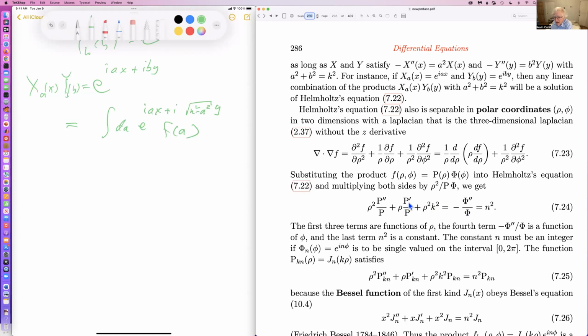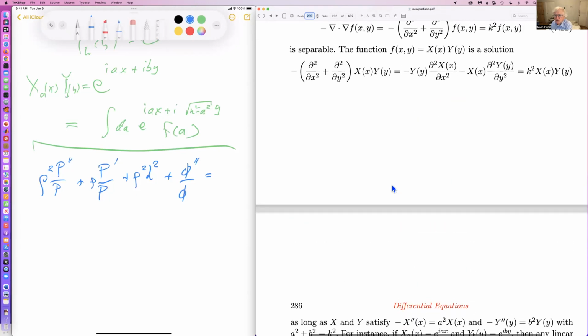What we really get is rho squared, rho double prime over rho plus rho prime over rho plus rho squared k squared plus phi double prime over phi equals, and what was the original differential equation?